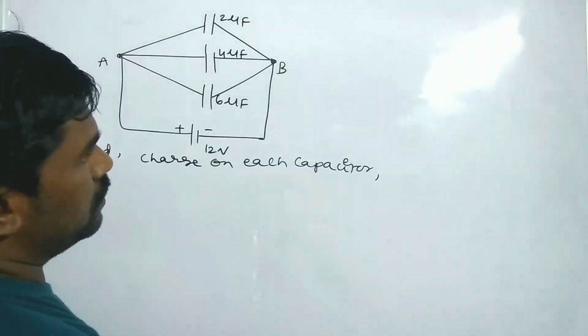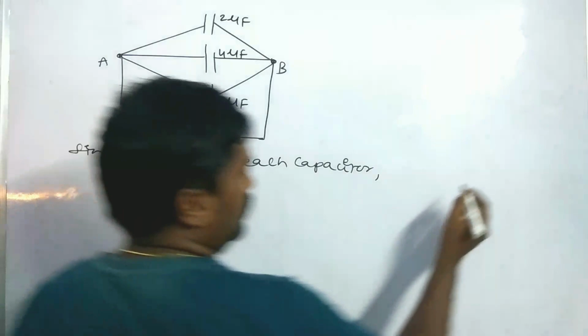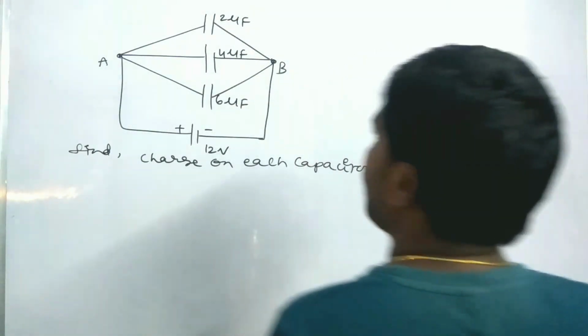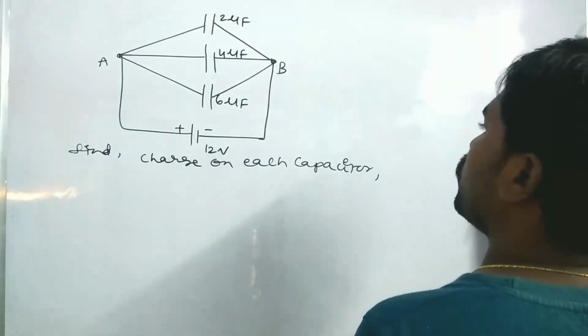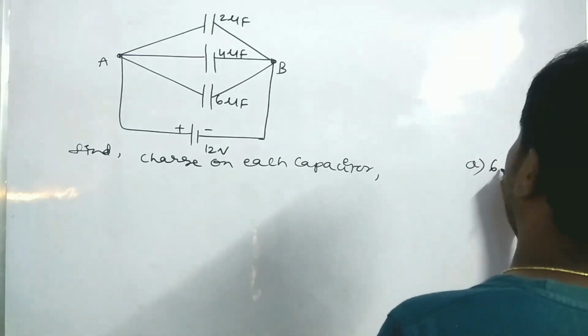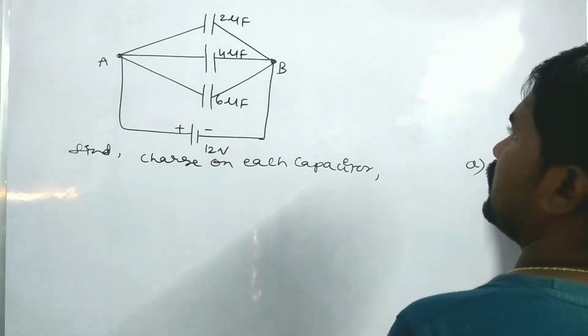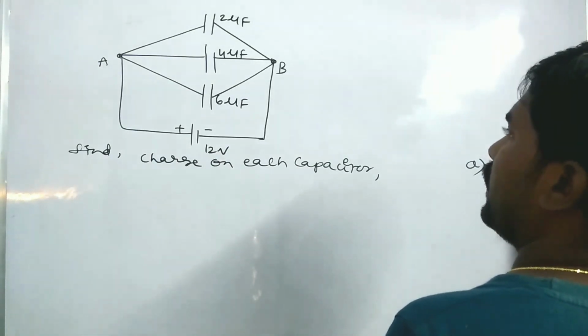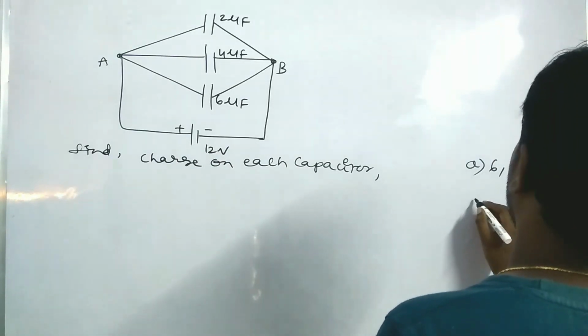So there are options. Let us write the options. The options are 6 microfarad, 3 microfarad and 2 microfarad.